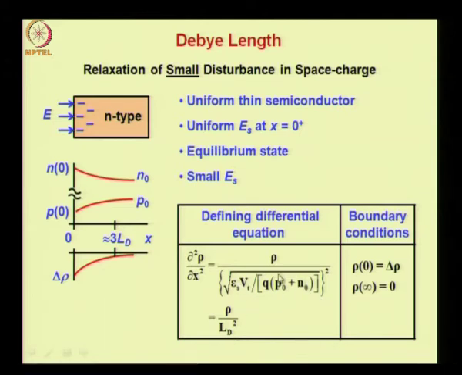So you see that this formula is valid both for p type as well as n type semiconductors. So this square root quantity is represented as a characteristic length called the Debye length. The boundary conditions would be at x equal to 0, rho is delta rho, which is the value shown here, and at x equal to infinity, rho goes to 0 because the space charge has decayed.